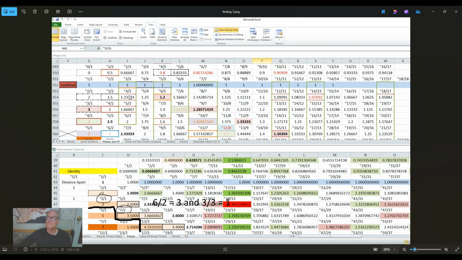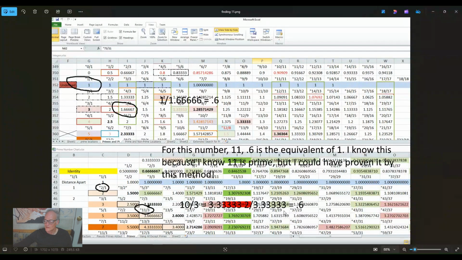But you will see that the equivalent of 1 actually appears in the integers table and helps us as we go along looking for the next primes. Okay, so now that we're looking for the next number, the number 11, you can look at all my notes here because this really helps.